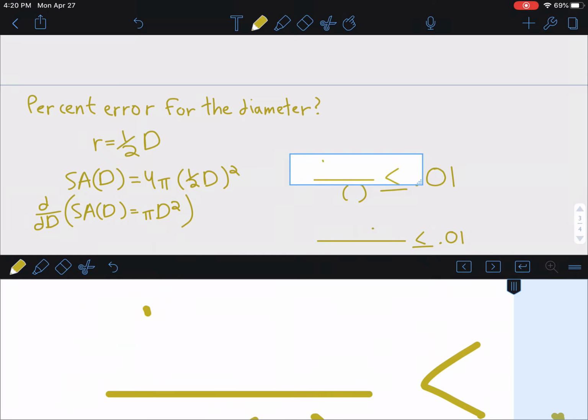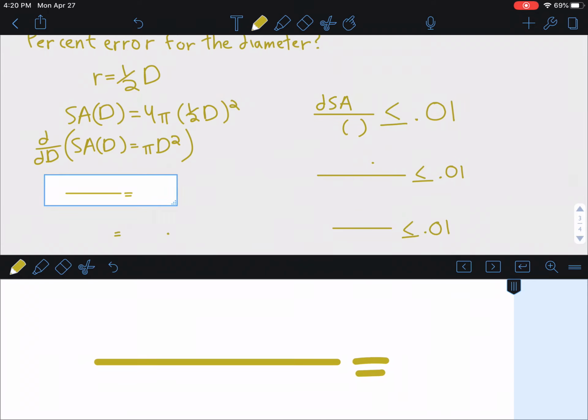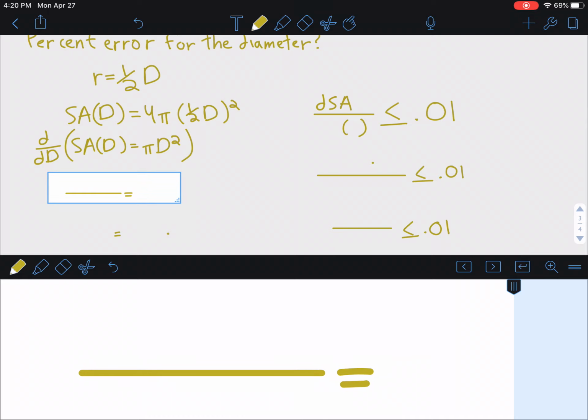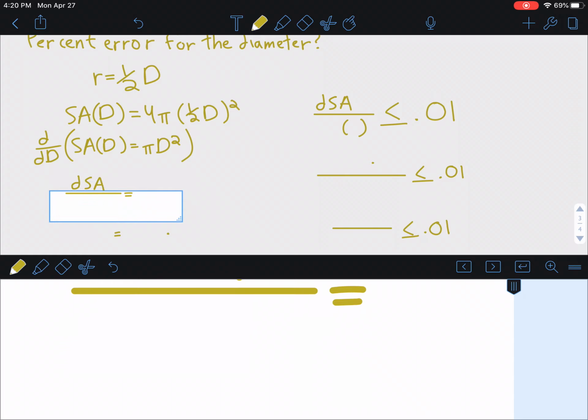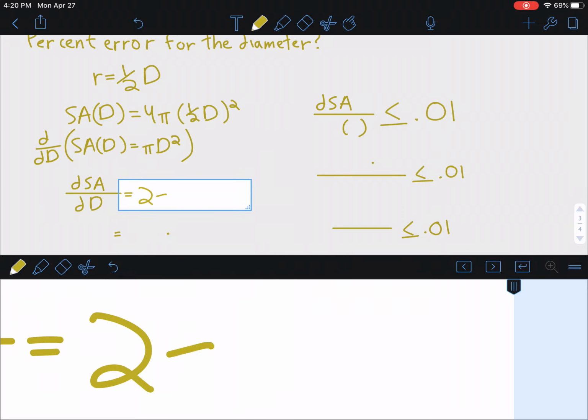But I can still take a derivative just like any other derivative. So on the left-hand side, I'm going to get the differential for the surface area over the differential of my input variable, d. And on the right-hand side, just power rule. So I get 2 pi times d.